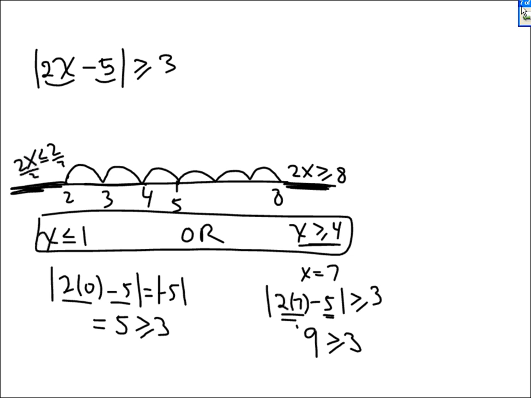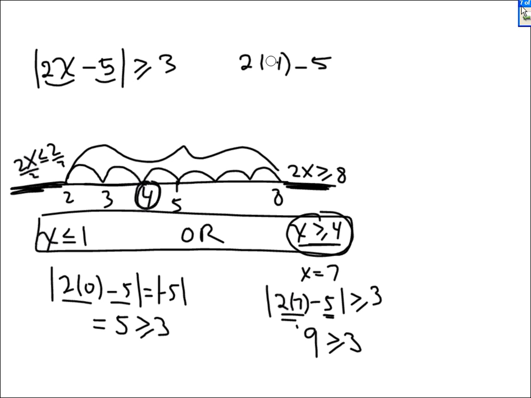Pick a number in between that we're saying is not an answer, like 4. 2 times 4 is 8 minus 5. Oh, I don't know. I know. I'm looking at x cannot be, I don't want a number 4 or more or 1 or less.